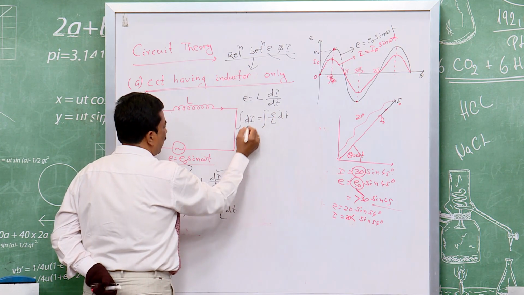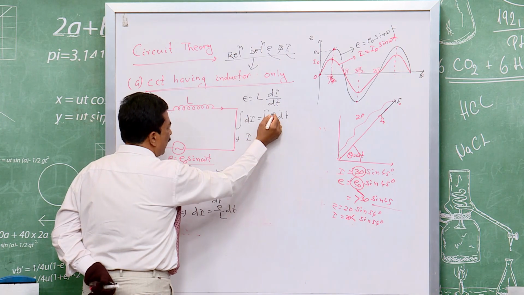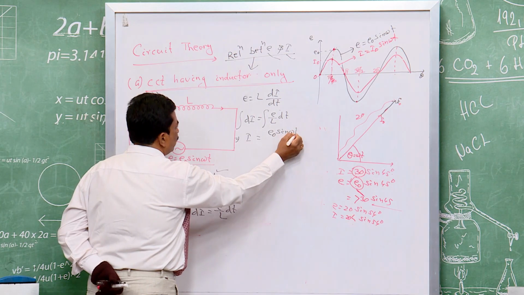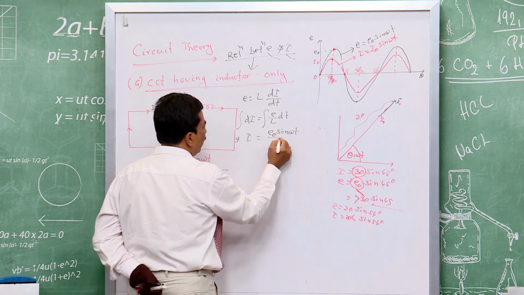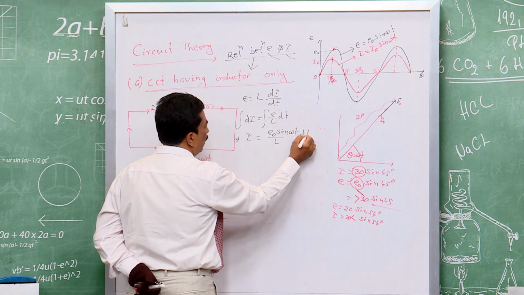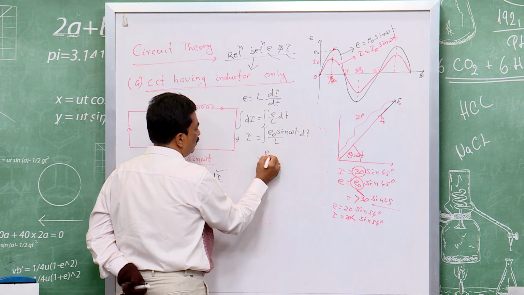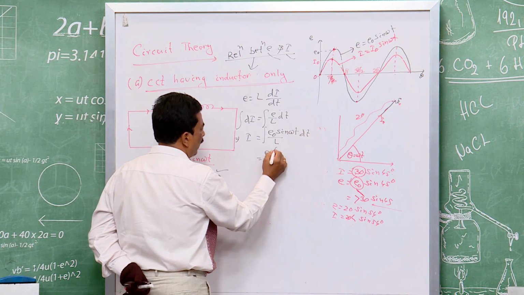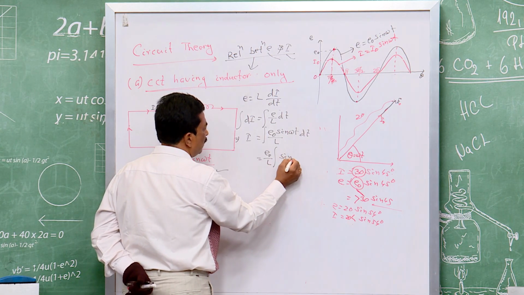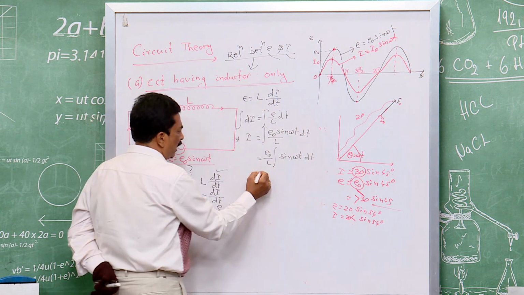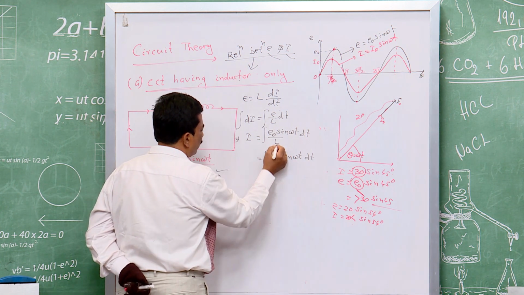So, this di integration will be the I, this E is equals to E0 sin omega t by L of dt, with its integration is equals to E0 by L integration of sin omega t dt, and this is equals to, so from which one?